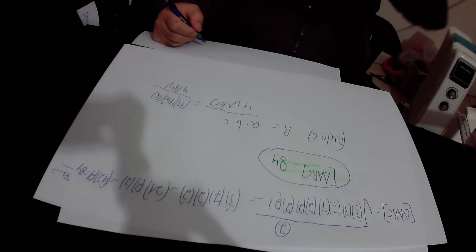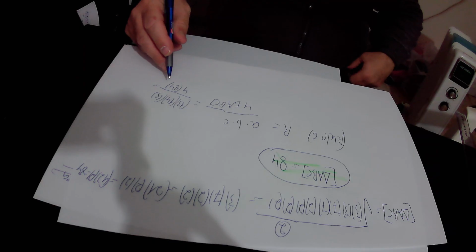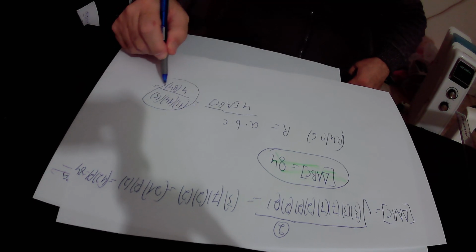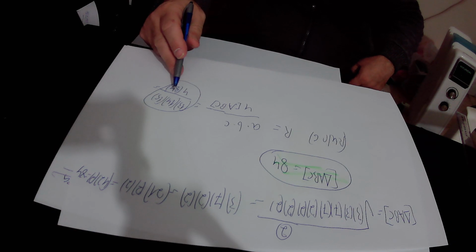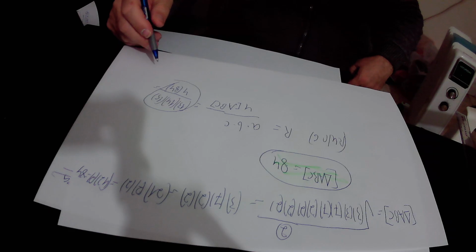Okay, so here we will divide both the numerator and the denominator of this expression by 14. In the numerator we have 14, so 14 over 14 is 1, so we are left only with 13 times 15.